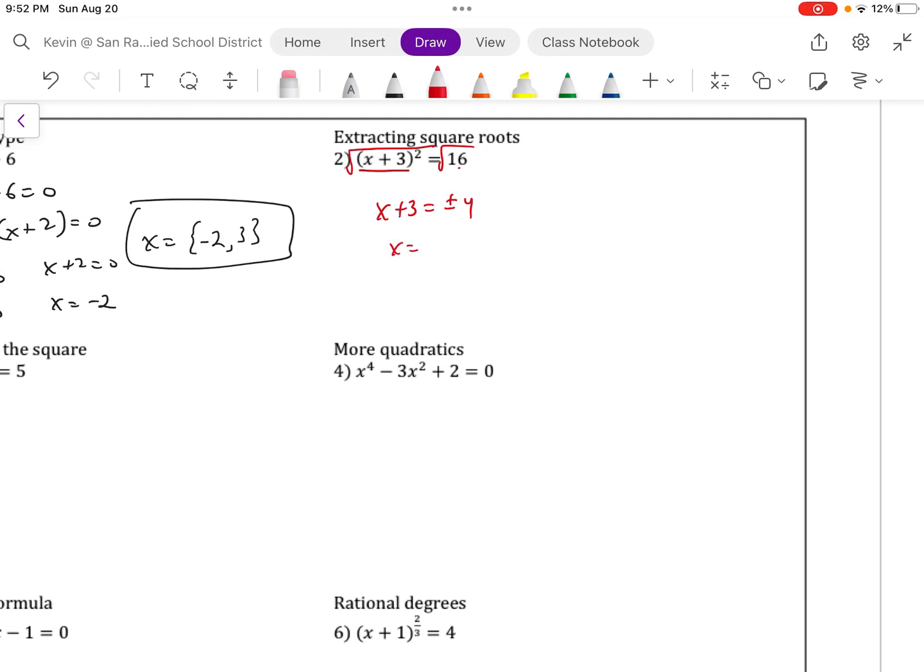So x equals 4 minus 3, and x equals -4 minus 3. Again, because we're subtracting 3 from both sides. All right, so that's 1, and that's -7. So x equals, the solution set, -7, 1.